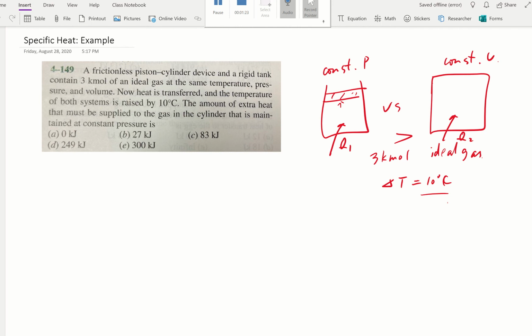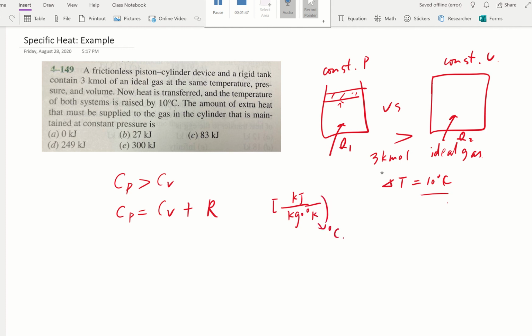So we also have this relationship: Cp is greater than Cv, and Cp is greater than Cv by this gas constant R. Cp and Cv all have the unit of kilojoule per kilogram per Kelvin, or per degree Celsius.